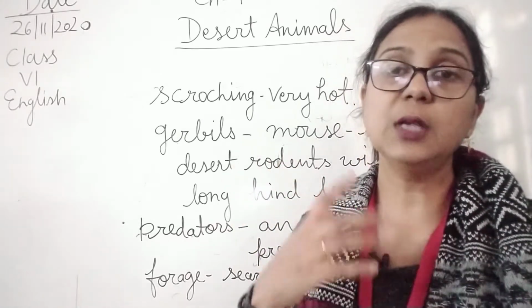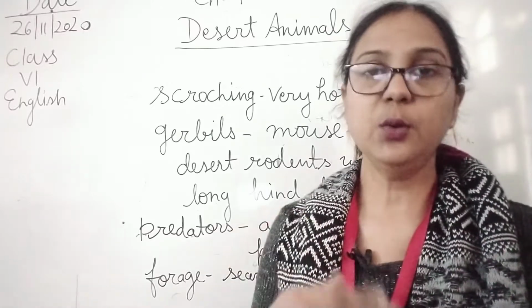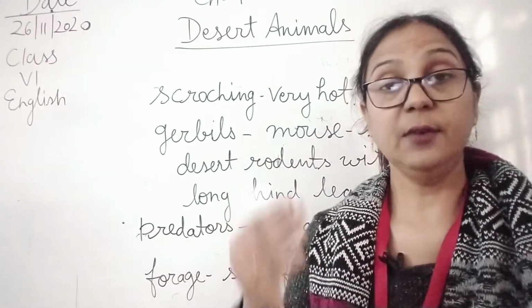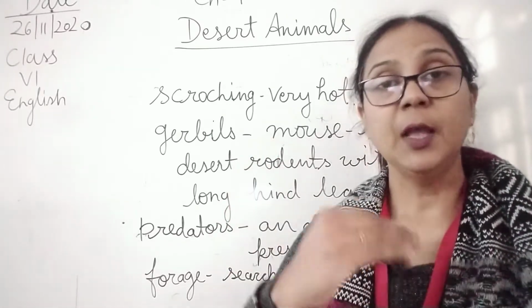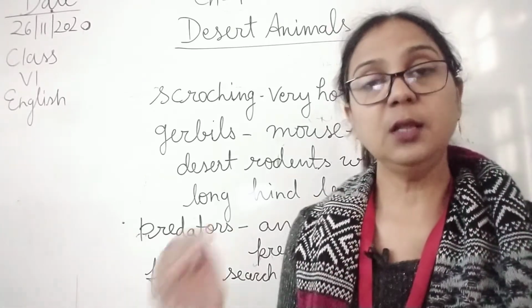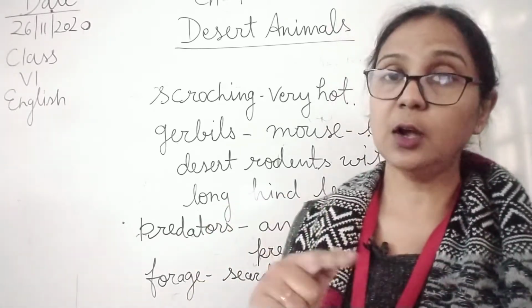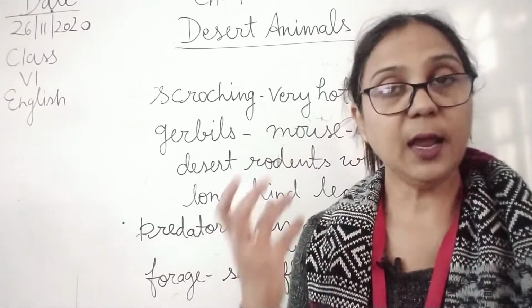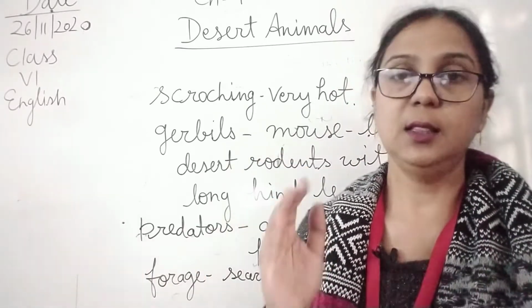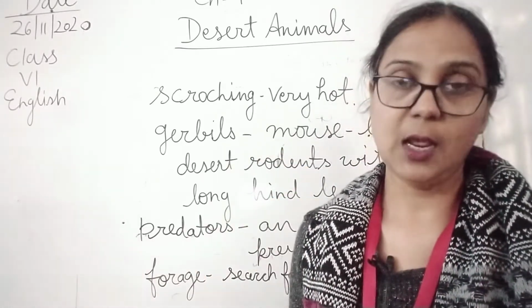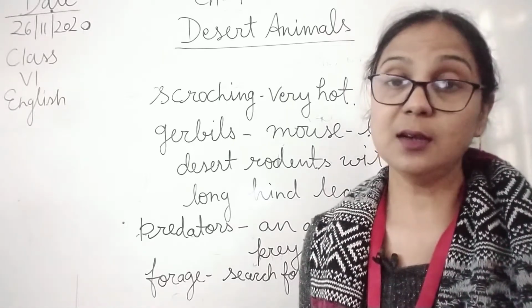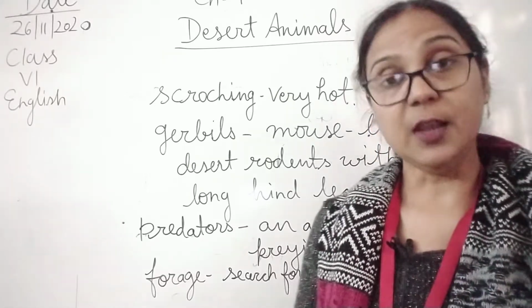Similarly, the mongoose are also used to moving very quickly in dodging. They are very expert in dodging. So they keep dodging the snakes continuously. In this continuation, when the snake gets tired, they kill it. Because of that quality, they are very famous.